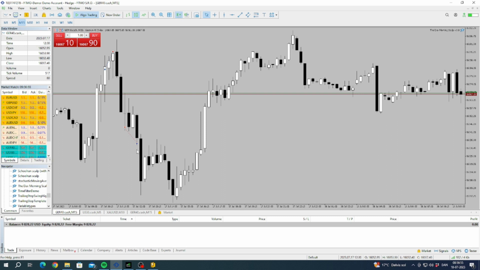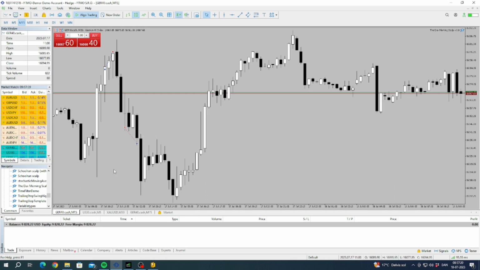And here you can see the pending order was triggered later in the day. So this is 10:45 Central European Time, and we had a quick little scalp here as well. The pending orders will be cancelled automatically later in the day if they're not filled, so don't worry about that.